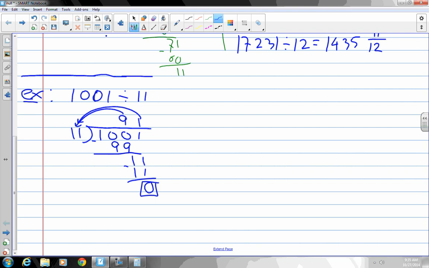So there's no remainder, which means 11 goes into 1001 evenly, exactly 91 times, or 1001 does equal 91 times 11, the quotient times the divisor.